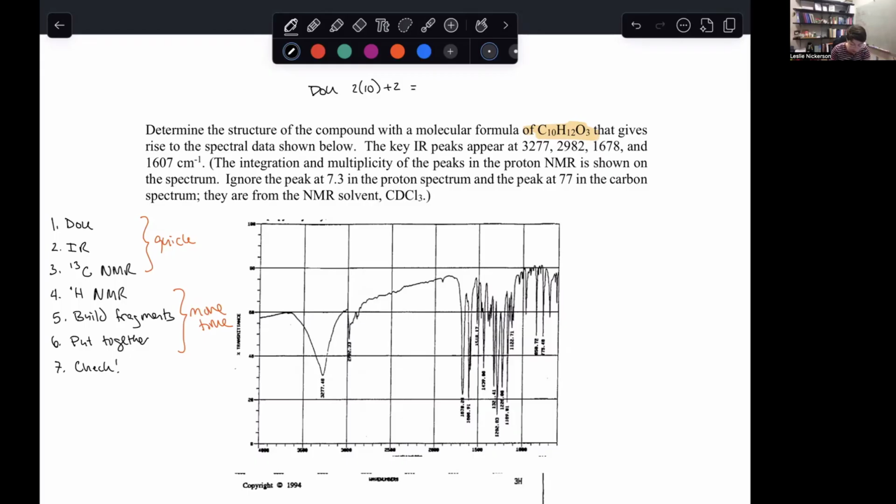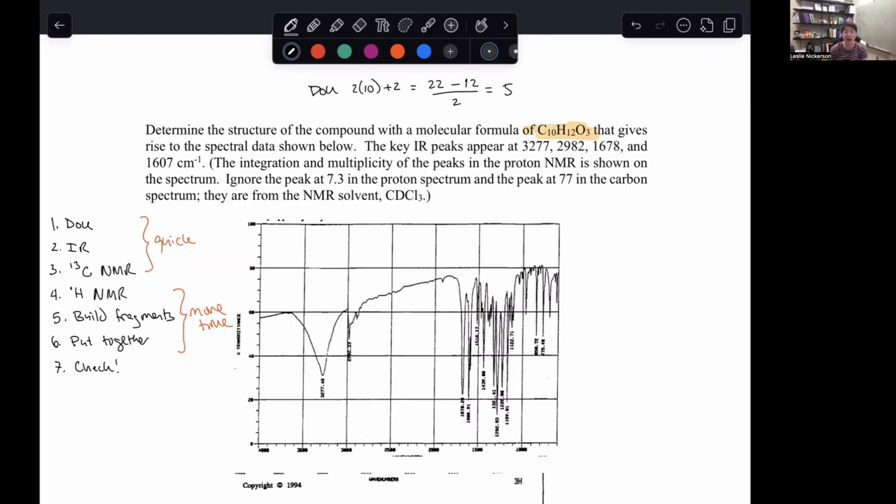So first I'm going to figure out the number of hydrogens that I would expect in a saturated case, which is 22. Since I have only 12, 22 minus 12 divided by 2 is going to give me my degrees of unsaturation. So that's 10 divided by 2, which is 5.